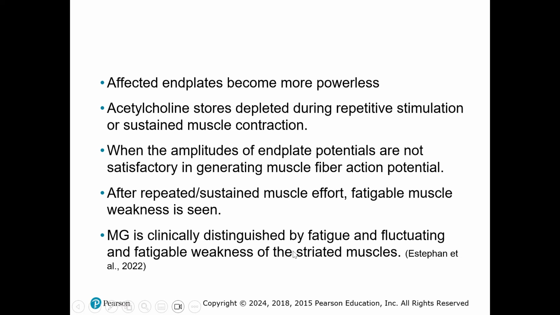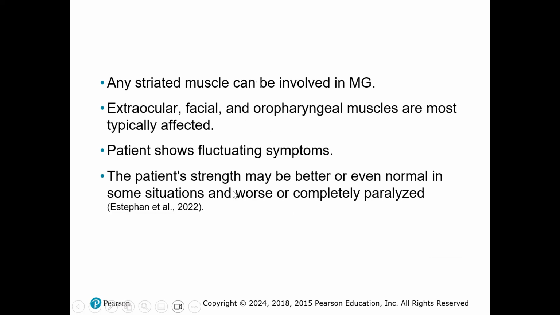Myasthenia gravis is clinically distinguished by fatigue and a fluctuating, fatigable weakness of the striated muscles. Any striated muscle can be involved, but more so the extraocular, facial, or pharyngeal muscles.